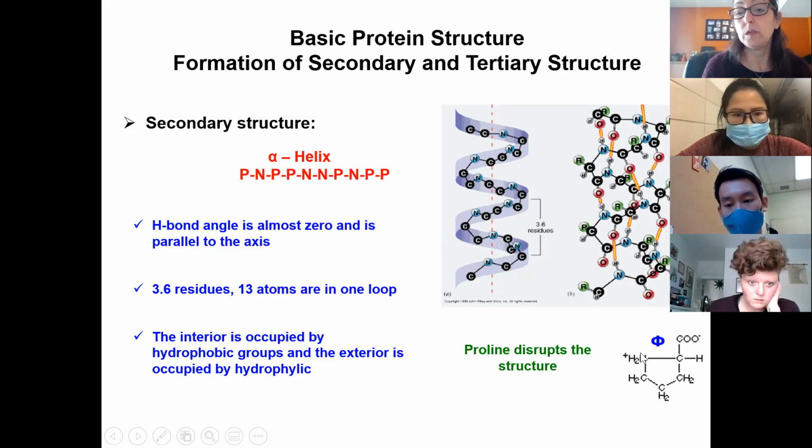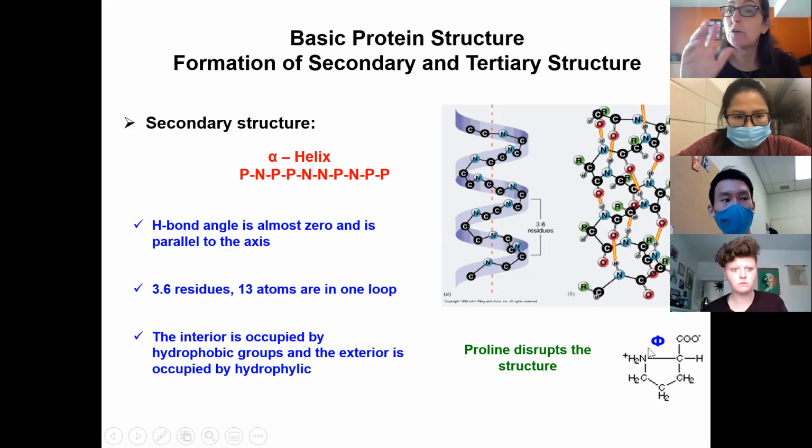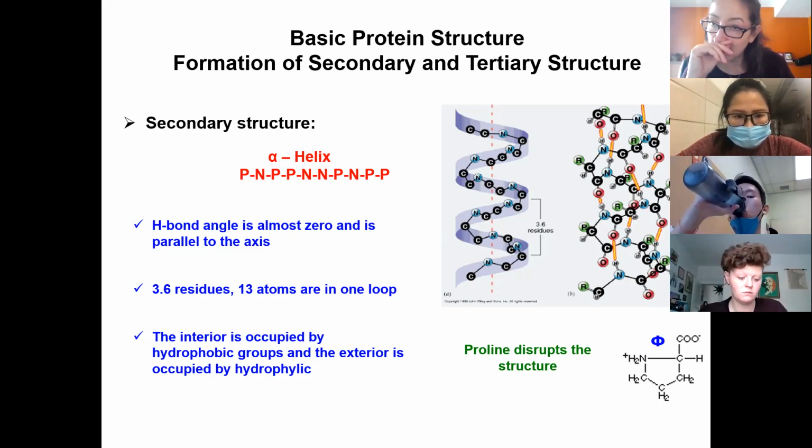The bond between the supposedly free amine is no longer free because the R group here is linked to it. So you don't have that flexibility anymore in turning, orienting, and formation of certain interactions to form an alpha helix or a beta sheet.